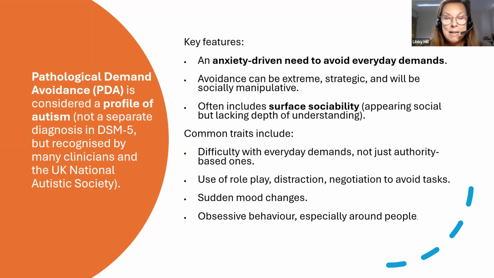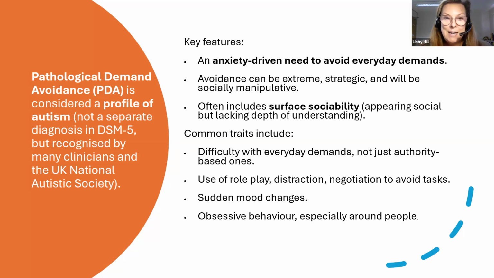The avoidance can be extreme. It could be strategic. It will always have a social component to the demand avoidance, which can look manipulative. Often they have a surface sociability, so they appear social, but they lack depth in the understanding.